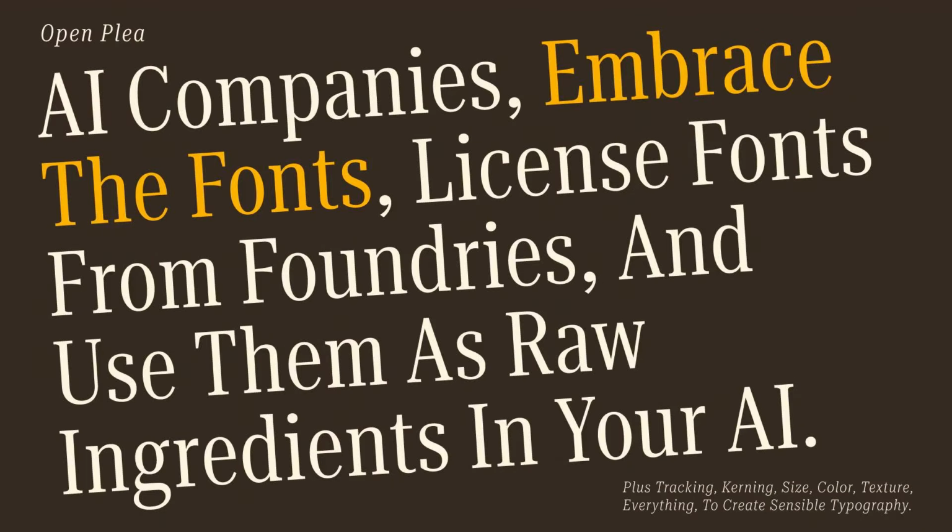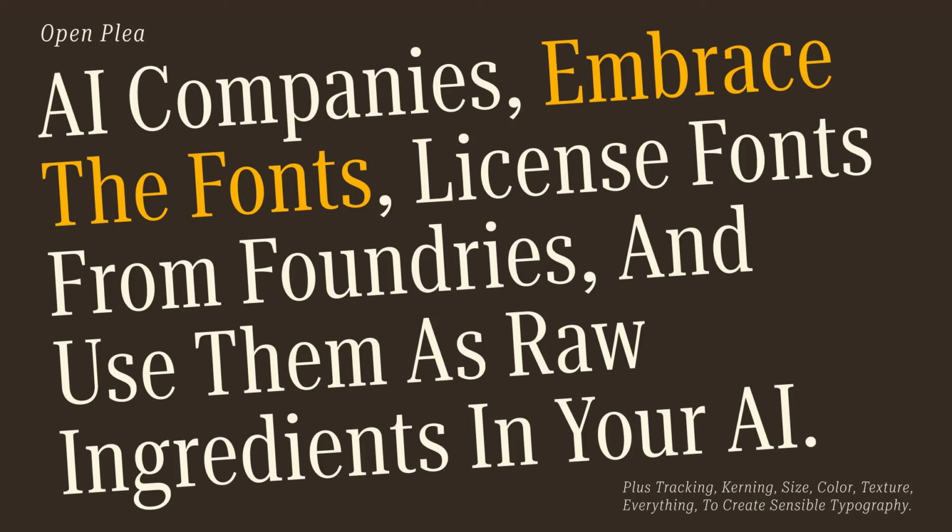So I think the solution is for AI companies to embrace the font, actually license fonts from great foundries and use that as a raw ingredient in their AI algorithms. So instead of just imagining or hallucinating pixels out of thin air, they have some intelligence to say, okay, we want to put the word accessibility onto this photo.